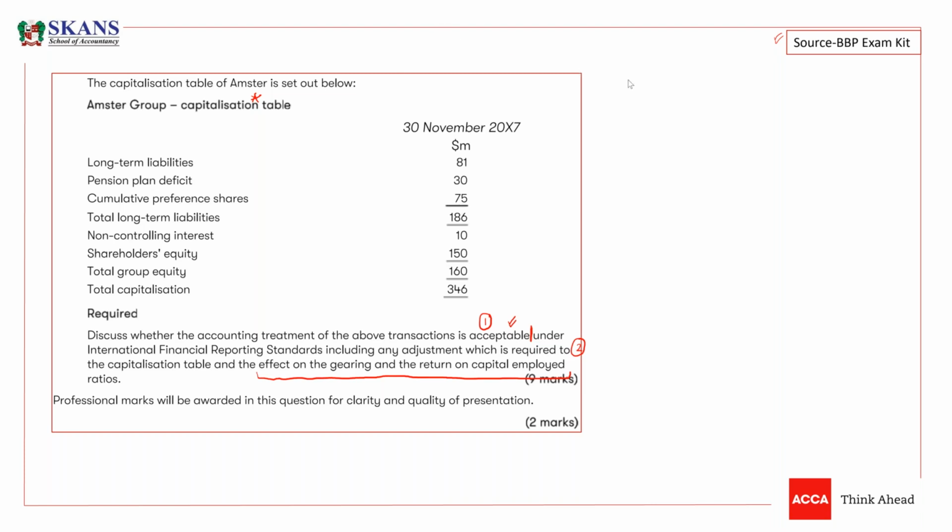Brilliant. Yes, you are right. This is something that you need to do, and that is you need to deduct it from liabilities. So we have to deduct this from liability. Yes, you are right. And we need to add this in equity.